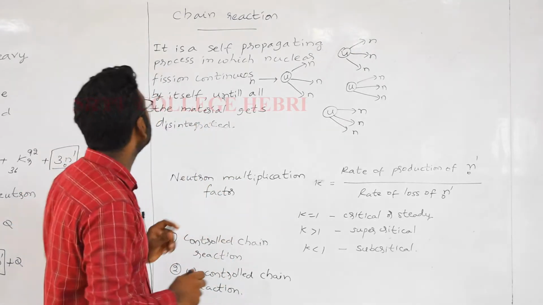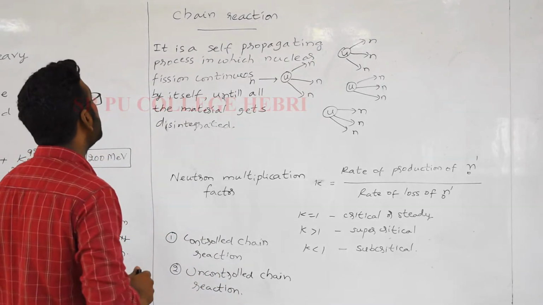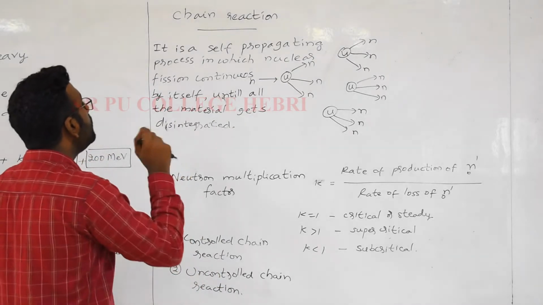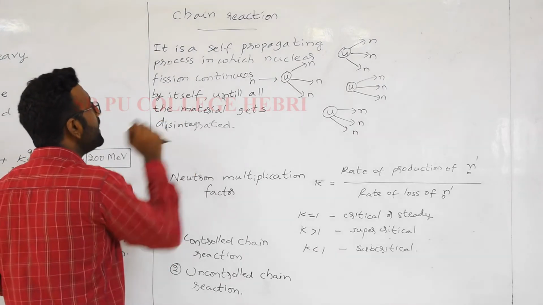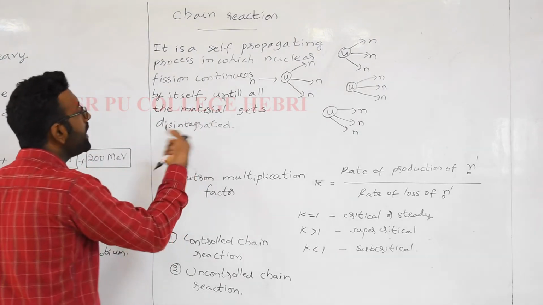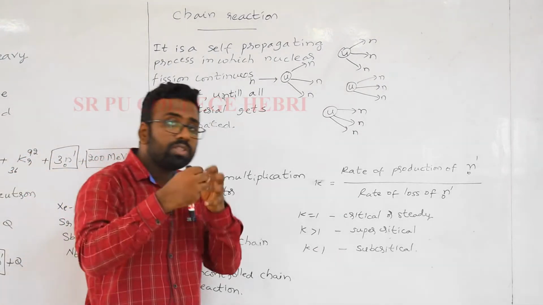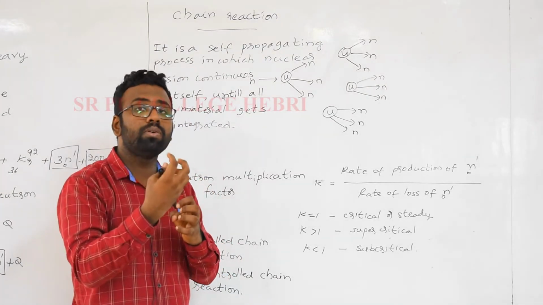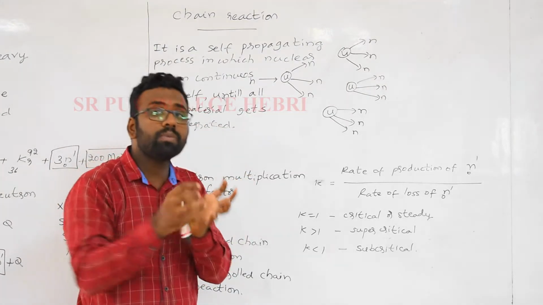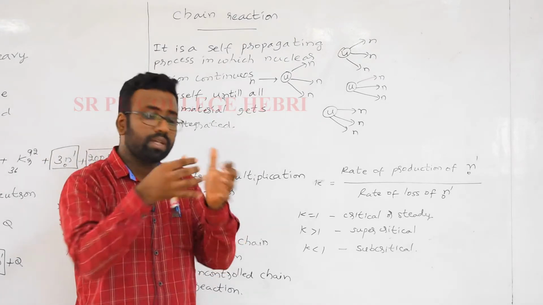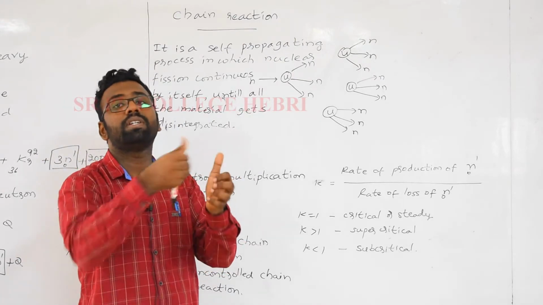So we can say it is a self-propagating process in which nuclear fission continues by itself until all the material gets disintegrated. This fission process is going to continue until the entire material, whatever we have taken, the uranium-235, gets disintegrated.